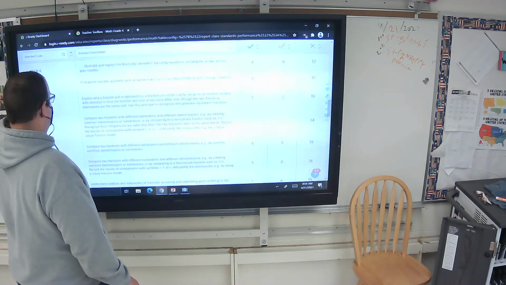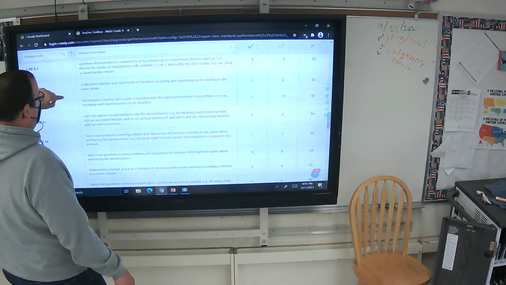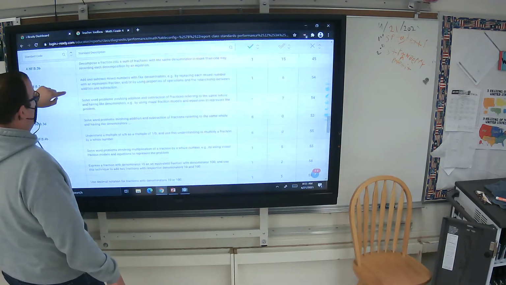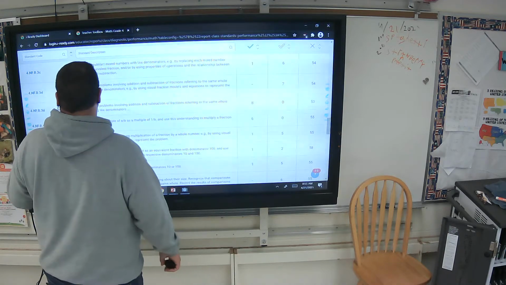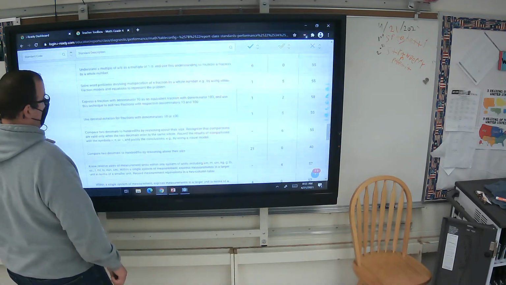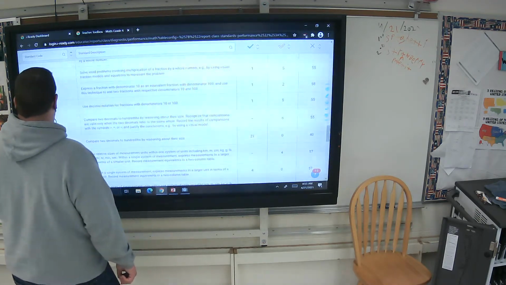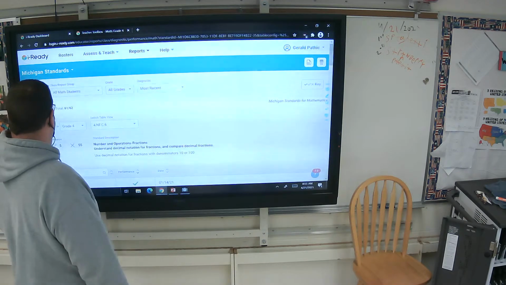We have explain why a fractions are equivalent, compare two fractions, understand addition and subtraction, decompose a fraction, subtract mixed numbers, solve word problems, understand the multiple, express a fraction with denominator, and add decimals. This is ours.